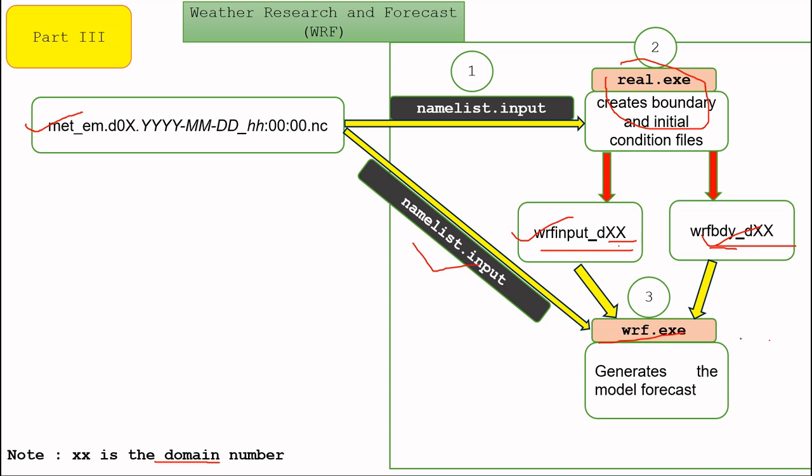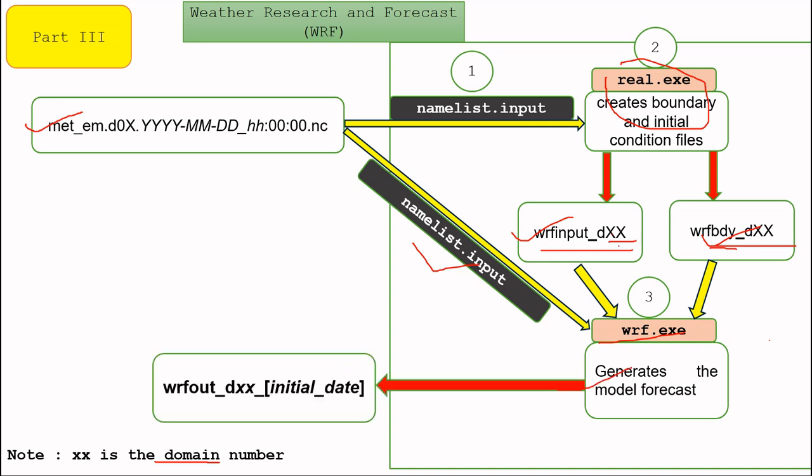Once the WRF model run completes, we get a forecast file with the name wrfout_d_xx. Here XX means the domain number. If you have more than one domain, then you must get more than one wrfout file. Remember, the number of wrfout files is always equal to the number of defined domains.